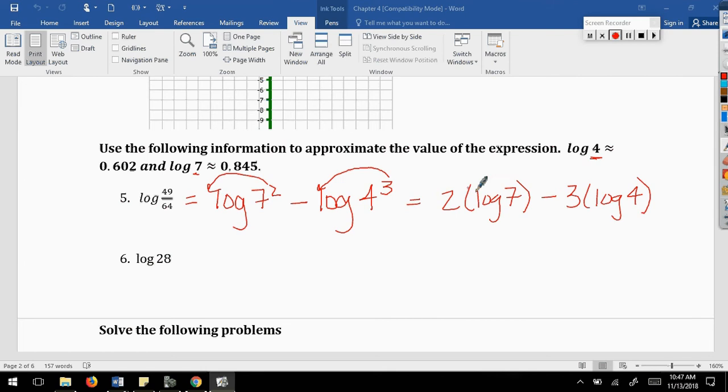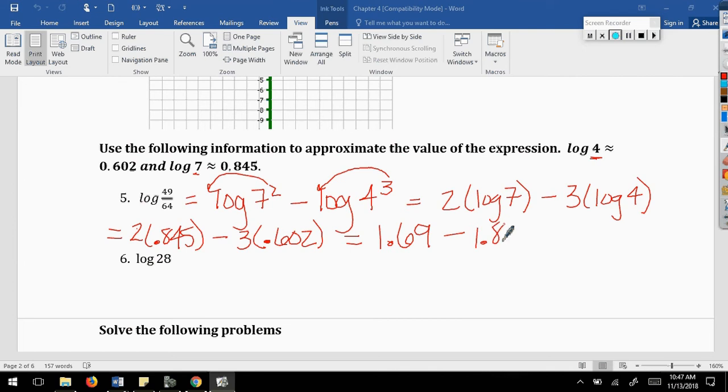And I plug in what I know. Log of 7 is about 0.845, so 2 times 0.845, and then minus 3 times 0.602, which is the value for log 4 that's given. 2 times 0.845 is 1.69, and 3 times 0.602 would give you 1.806.